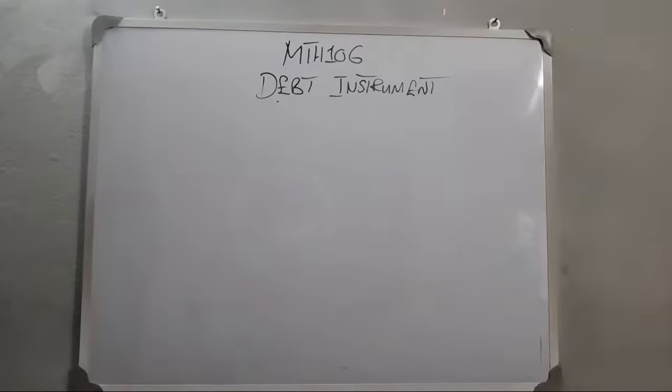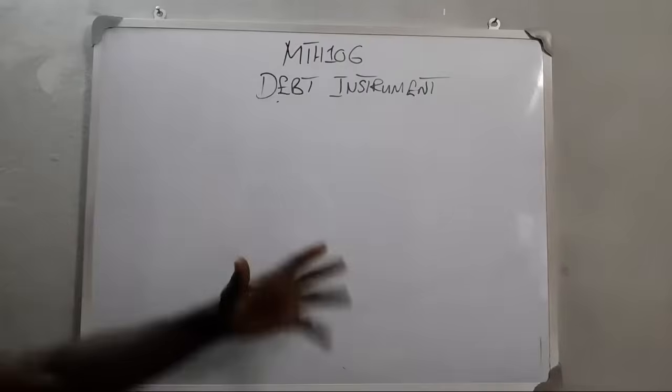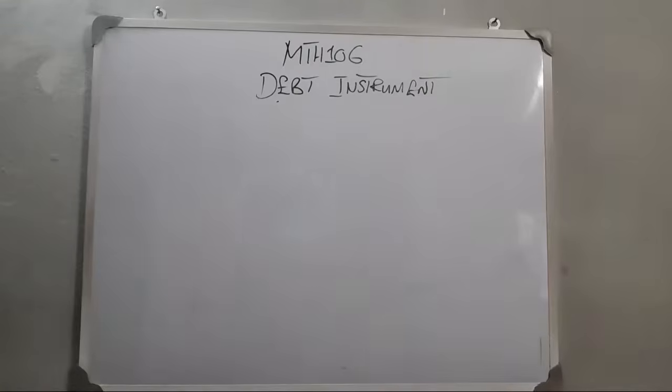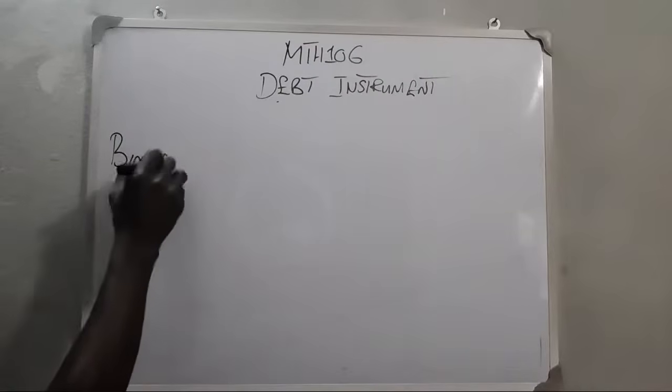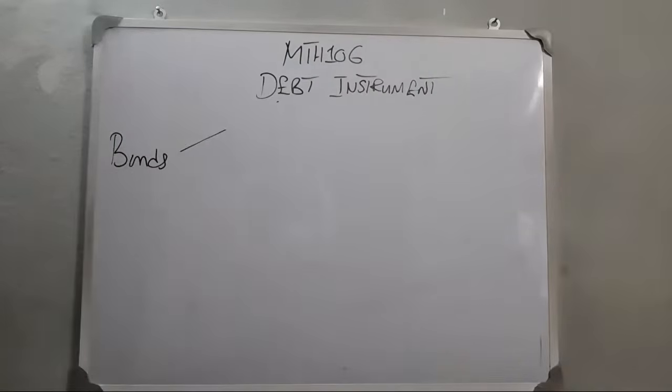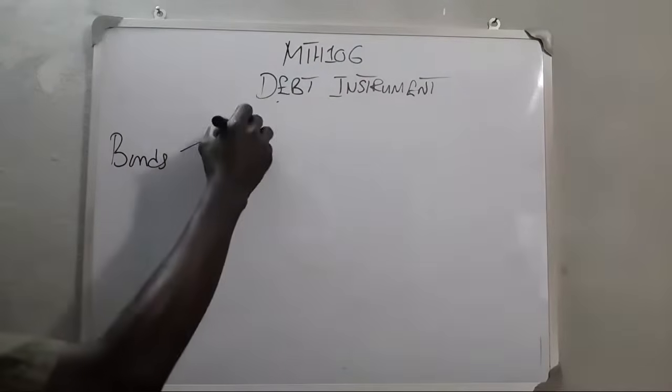Now let's talk about the characteristics and properties of bonds. Bonds are often referred to as debt instruments, debt obligations, or fixed income securities. Bonds are often referred to as what? Debt instrument.